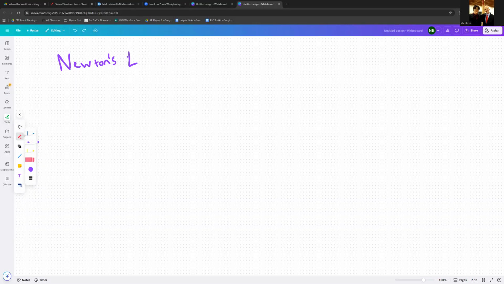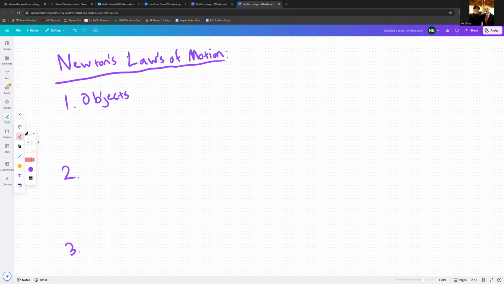Okay. Anyways, Newton's laws of motion. We're going to have to do a little rewriting here, but that's fine. One, two, three. So the first law states that objects that are either at rest or in constant velocity motion remain that way.